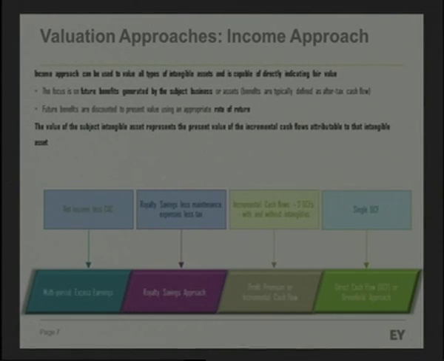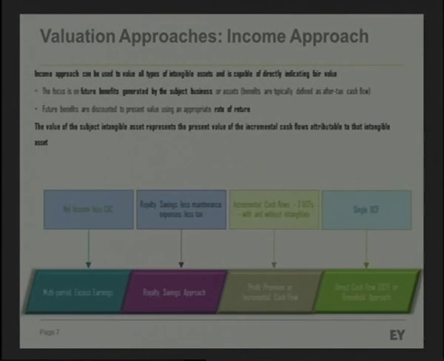Contributory asset charge basically means that for all the assets that I have in the company, whether it is the fixed assets, the assembled workforce, the working capital or other intangible assets, I will first deduct a charge on all those other assets. From this net income, whatever is left over, the excess earnings, is the income attributable to my subject intangible asset.